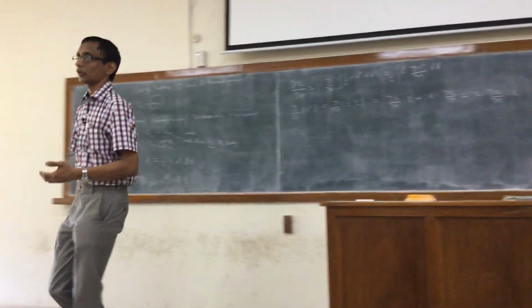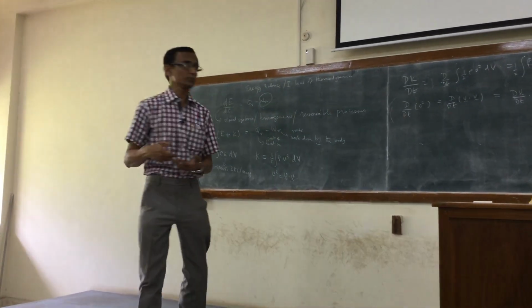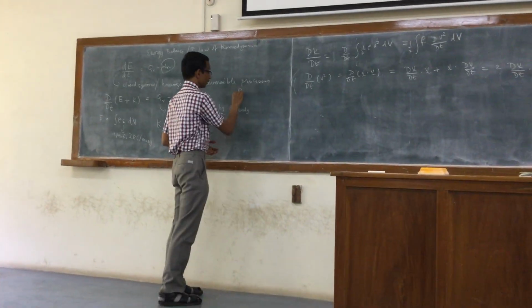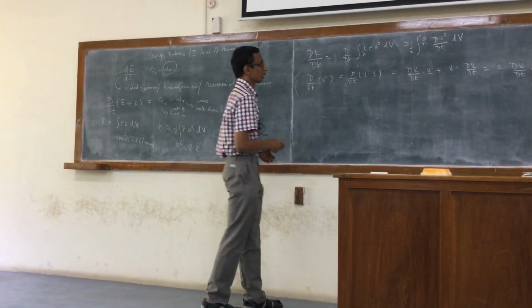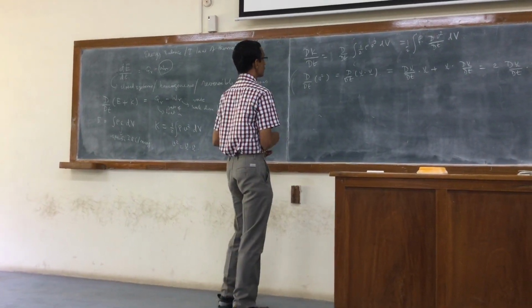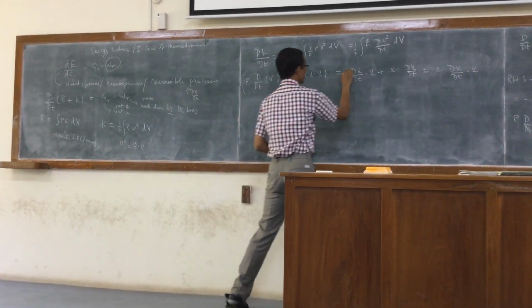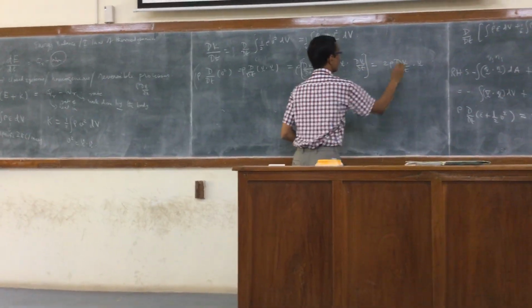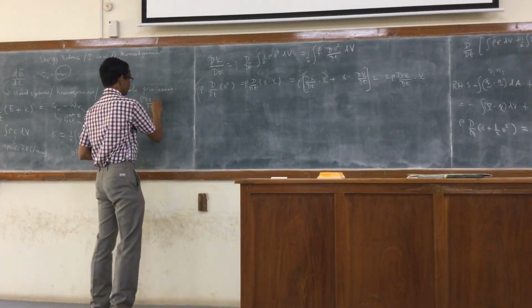Now I am going to use Cauchy's equation of motion, which is rho times dv by dt. What I want is actually rho times this. So rho times dv by dt is the divergence of T plus rho b.